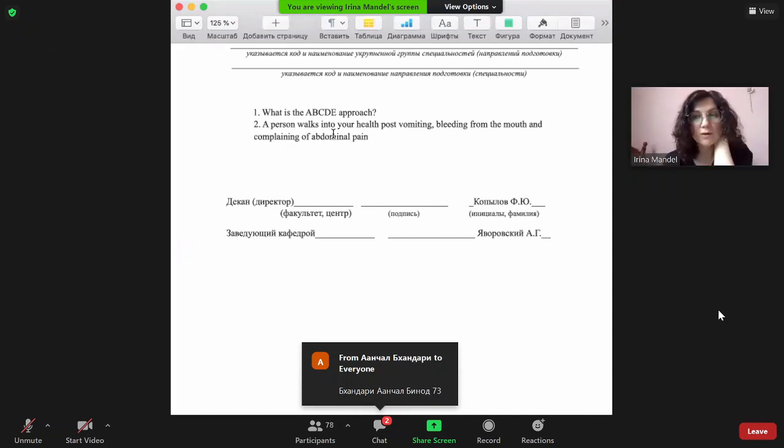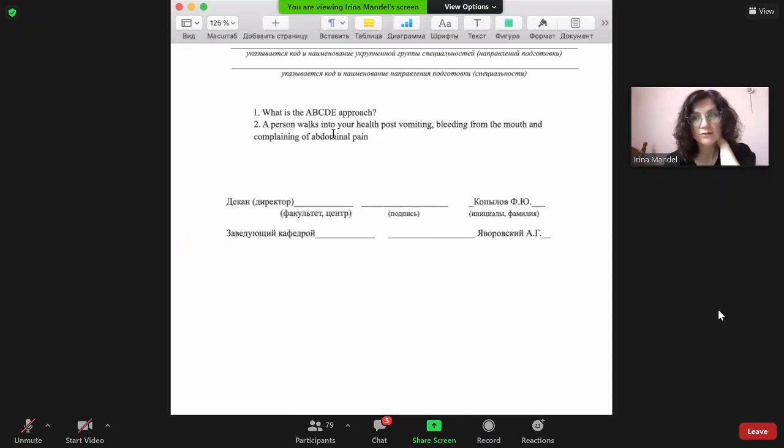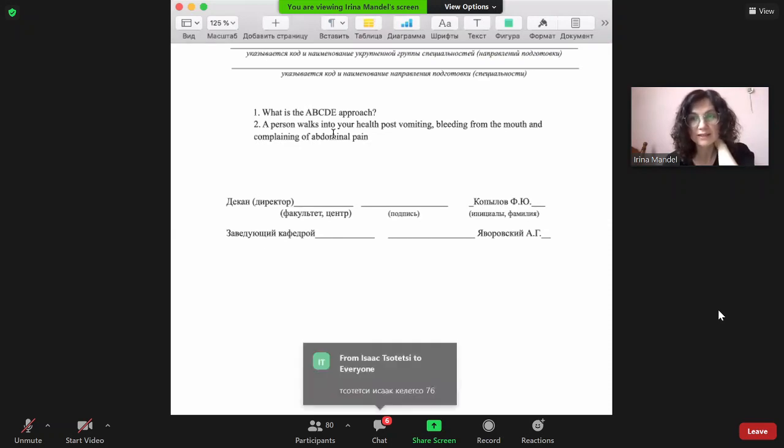And first of all, according to the ABCDE approach, you should start with step A. When you see vomiting, you should be sure that this patient couldn't have aspiration, because aspiration will lead to a huge problem to this patient, even without any bleeding.